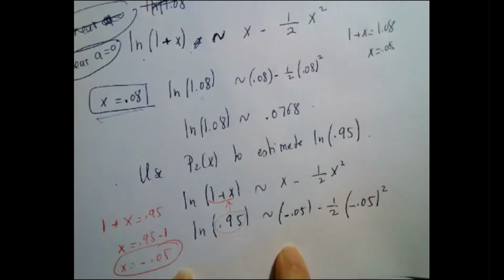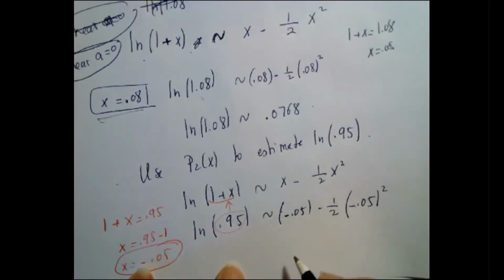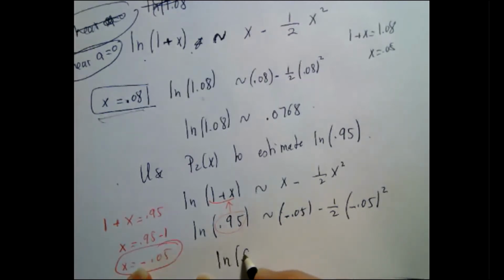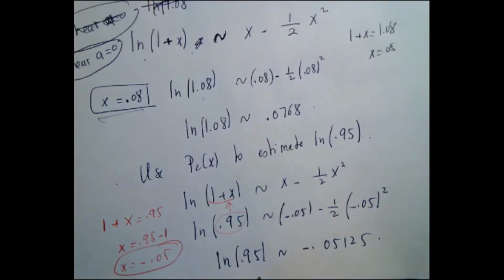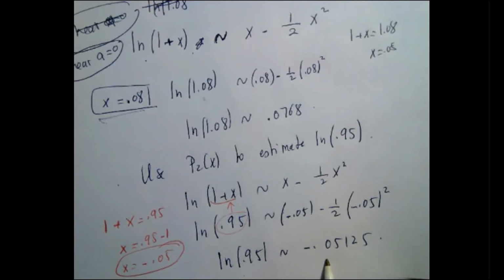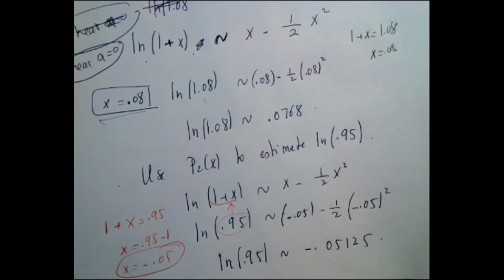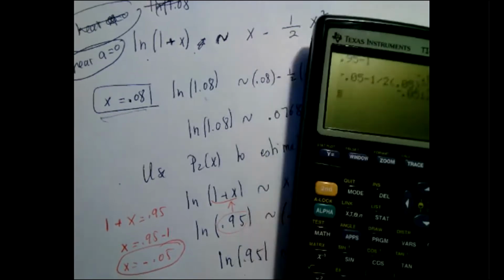Minus 0.05 minus a half times 0.0025, and unless I'm doing anything wrong, this is almost equal to minus 0.05125. Now estimate the error. It means you find the actual value of the ln minus this, and you should get a very, very small number.